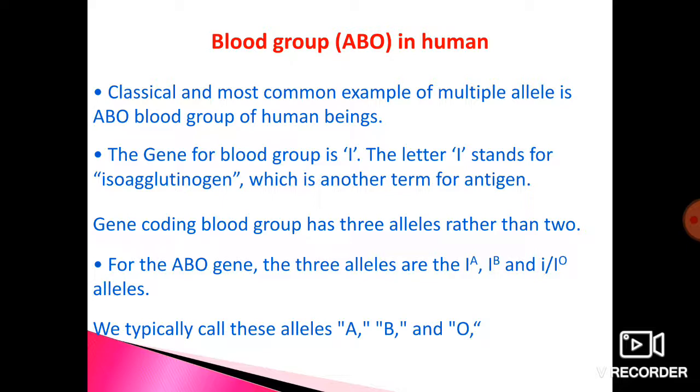Small i because it is recessive in nature, but the capital I with a superscript O is actually null, meaning no antigen is there. It's 0, null. And accordingly, we have denoted our blood groups as blood group A, blood group B, and blood group O. That means, well, what does it mean? Let us see.